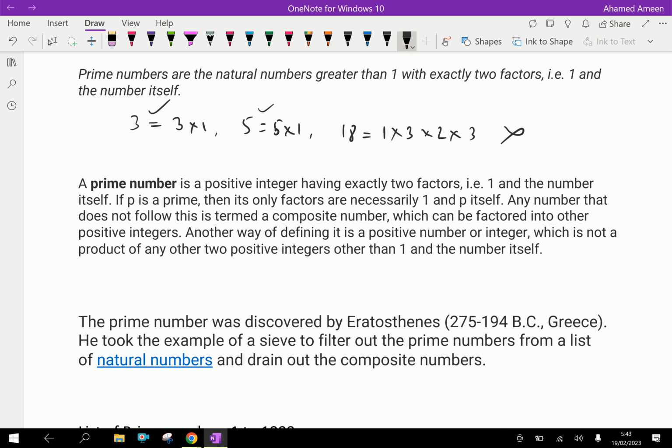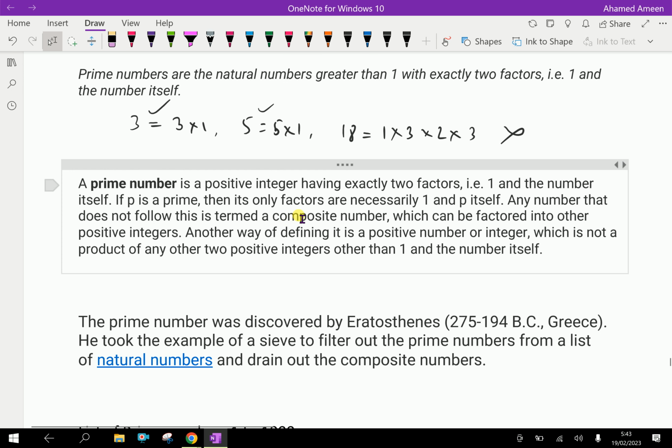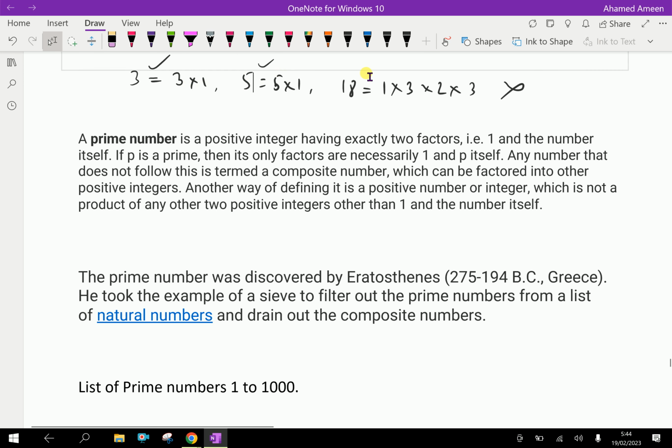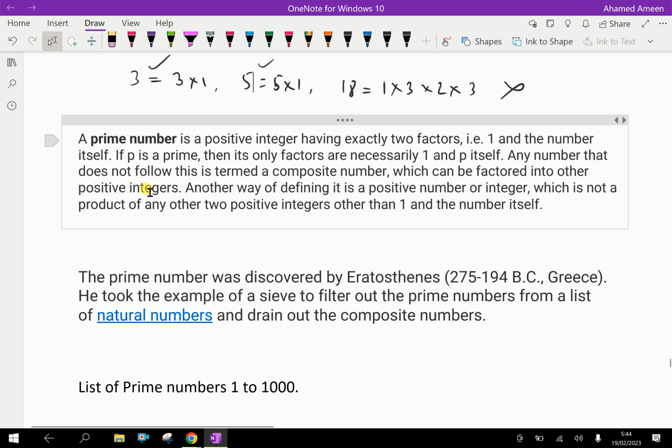The only even prime is 2, other primes are odd numbers. A prime number is a positive integer having exactly two factors, that is 1 and the number itself, just as we expressed here. If p is a prime, then its only factors are necessarily 1 and p itself.